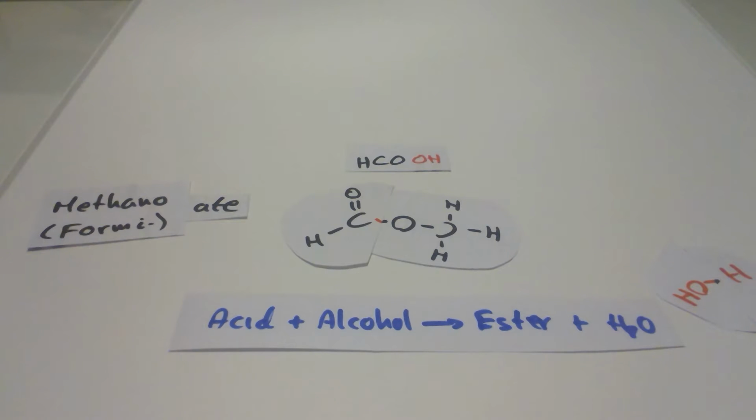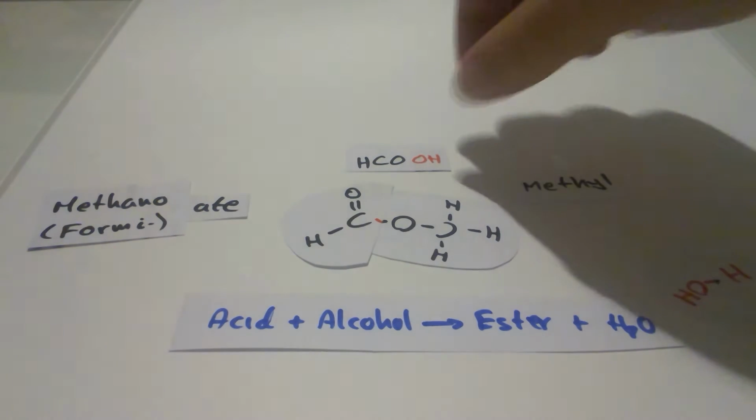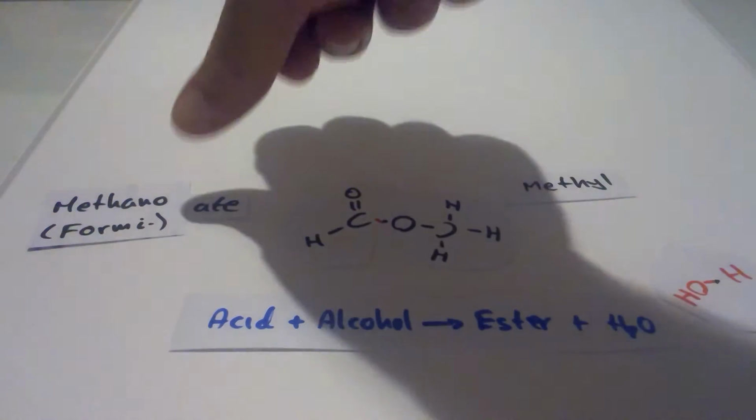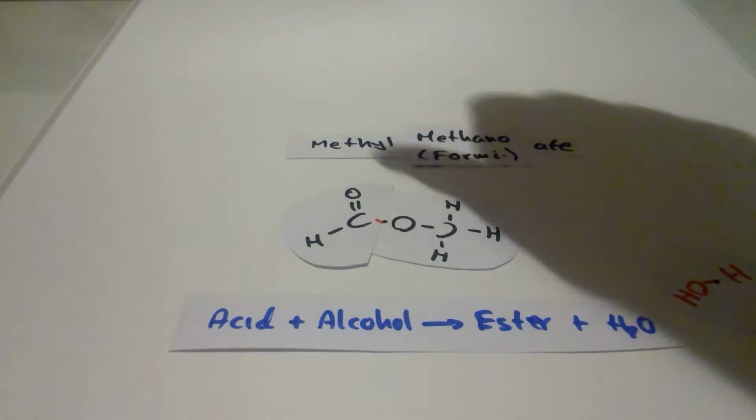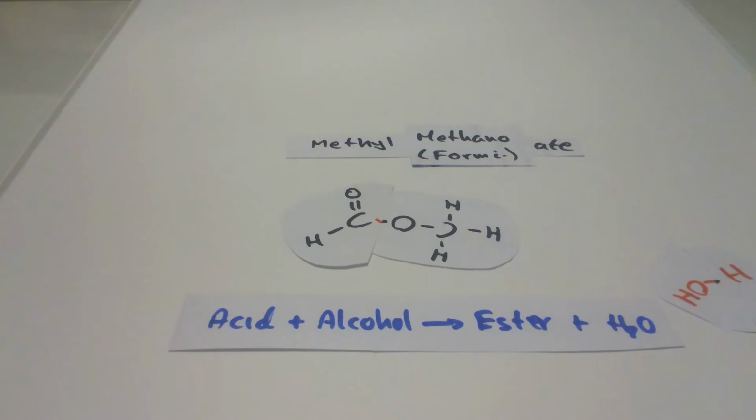The alcohol that we used was made of one single carbon, so it is methanol. Therefore, we are going to add the methyl name to the ester. Therefore, what we are going to have is the corresponding methyl methanoate, or you can find it as well as methyl formiate.